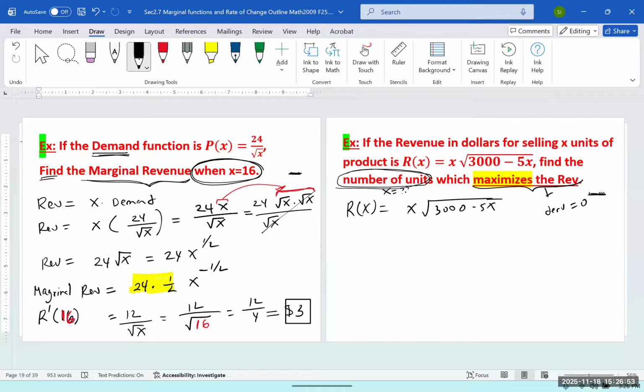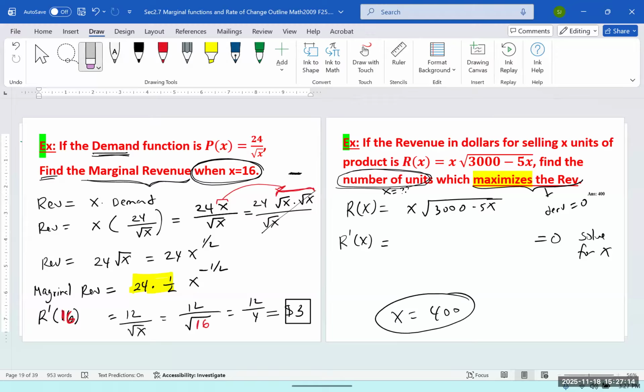So in other words, we are going to take the derivative of your revenue function, set it equal to 0, and solve for x. You can do it on your own. The answer is x equals 400. Oh, I should do it. Yeah, I should do it because this is a different question. This is like question number 1 in your exam on the extra credit part.